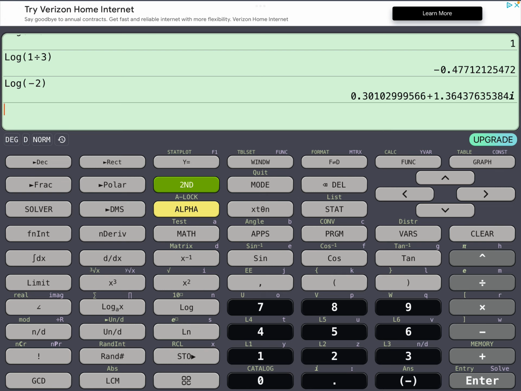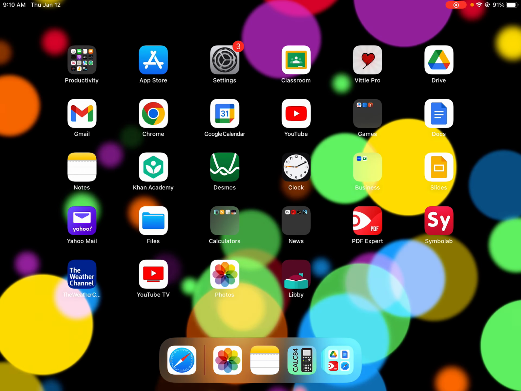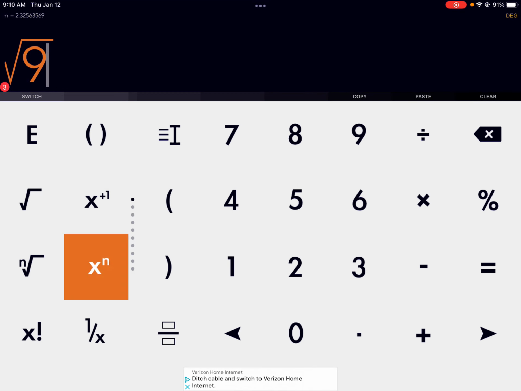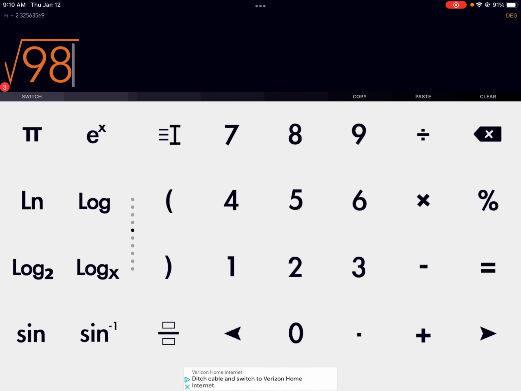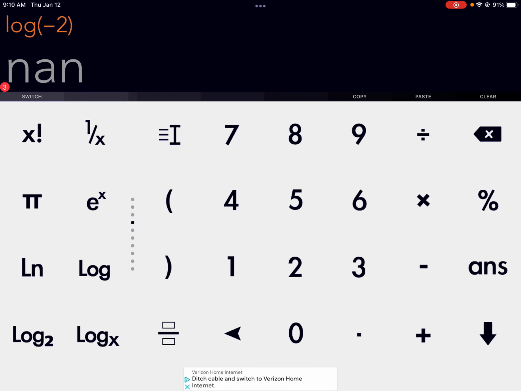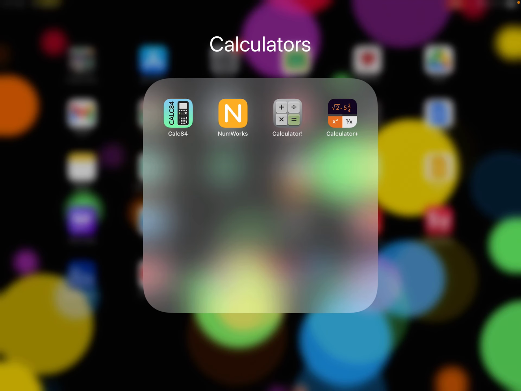Most calculators are going to give you an error. Let's see if I can find a calculator on here that's going to give you an error. Okay. So if I hit log negative 2 equals, this gives me nan. That means error on this calculator. Let's see what it looks like on another calculator.